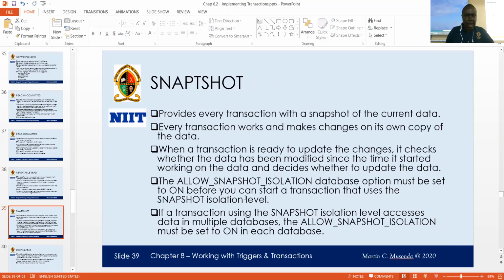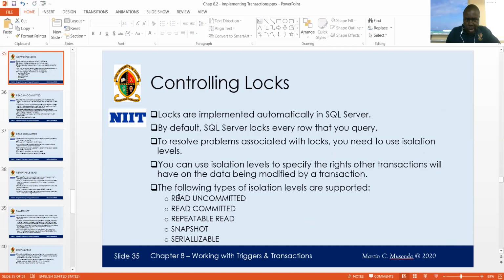The next lock mechanism, isolation mechanism, is snapshot. So we're looking at the isolation levels or isolation modes. We have looked at read uncommitted, read committed, repeatable read.